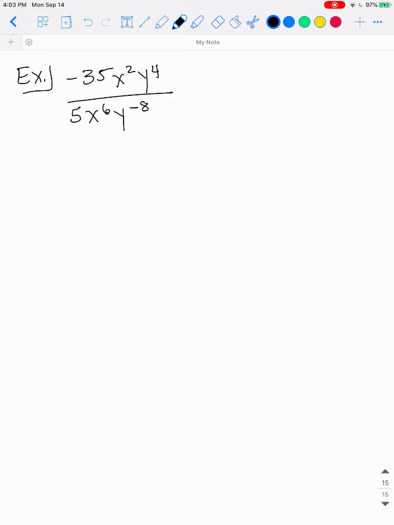Oh, we're adding in a negative exponent. Okay, so we're going to go ahead and group the like terms, and then it's division. We could break the fraction up like this, because it's multiplication.